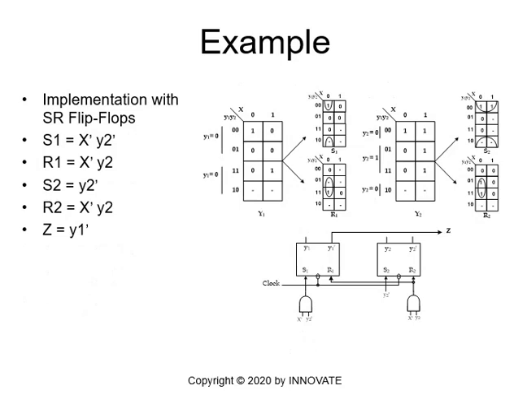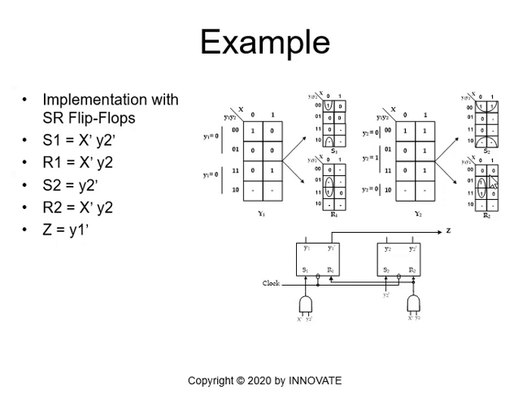Now, as we know, the SR flip-flop is slightly tricky, and we need to find S1 and R1 values and S2 and R2 values from the transition requirement table, which I will remind you of. With the transition from 0 to 0 we need S to be 0 and R to be don't care.